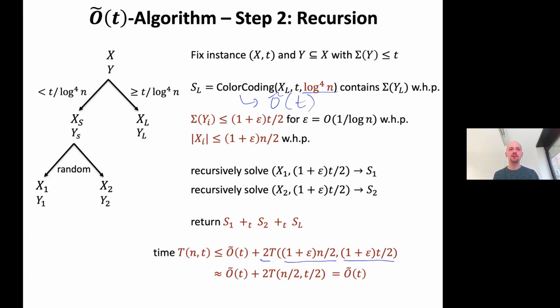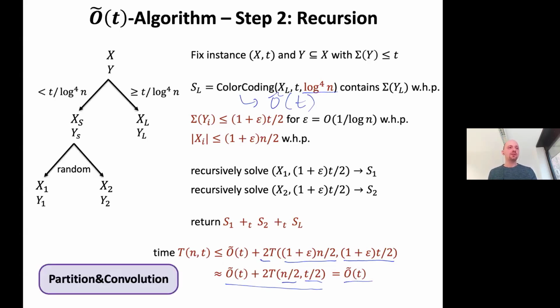Then you need to argue that this 1 + epsilon factor doesn't hurt, but essentially what you get is this kind of recursion, and this is a well-known recursion, right? You have two subproblems of half the size, you just get another log factor on top. The total running time is again near linear in T, with a bunch of log factors that I'm ignoring.